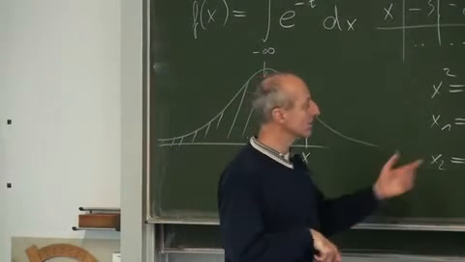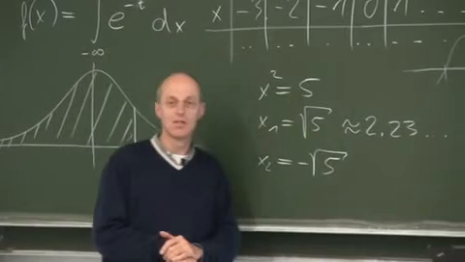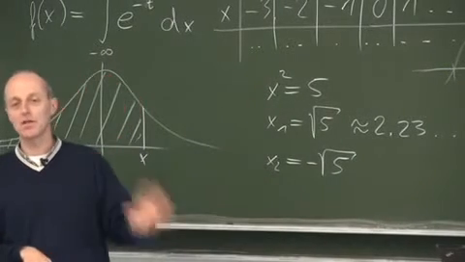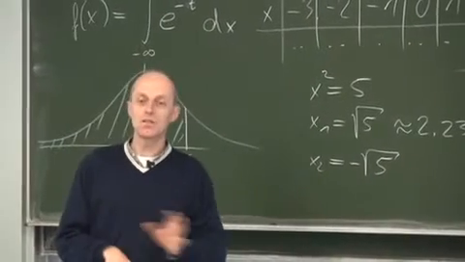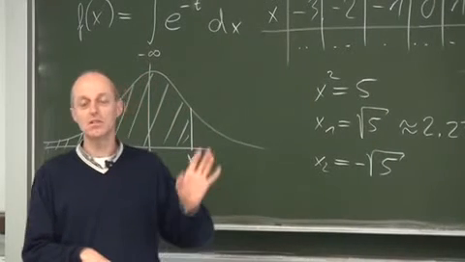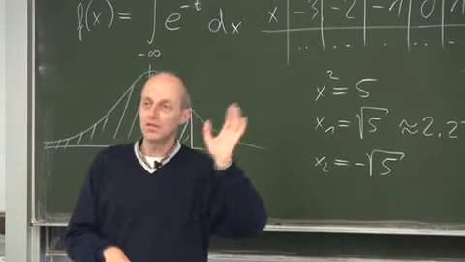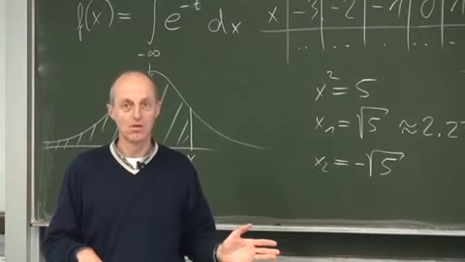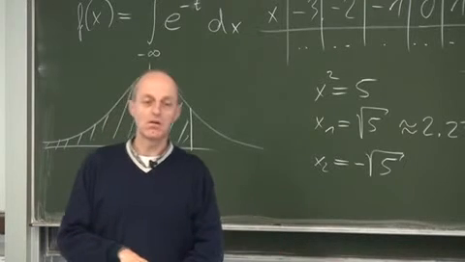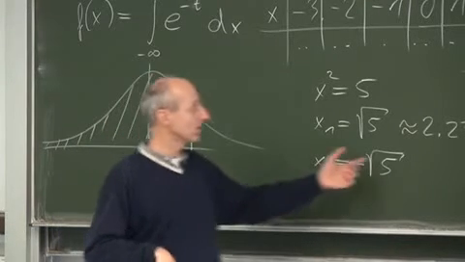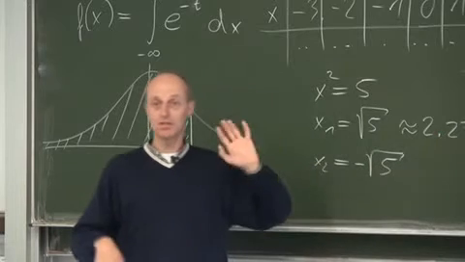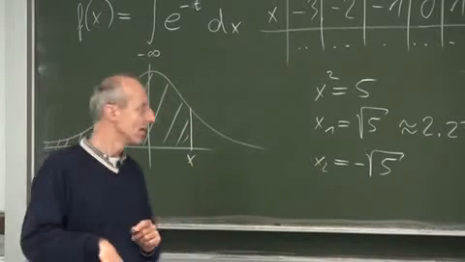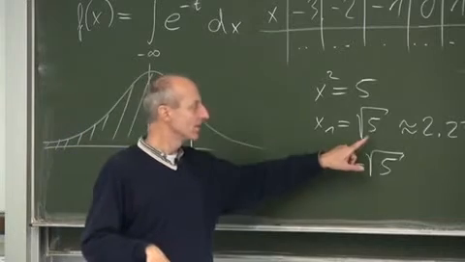Yes, this is the exact result. But I might say in all my applications, I don't need exact results. I just need it to, let's say, 6 decimal places, because I'm never able to measure anything more exactly than that. But anyway, even then, this is better.